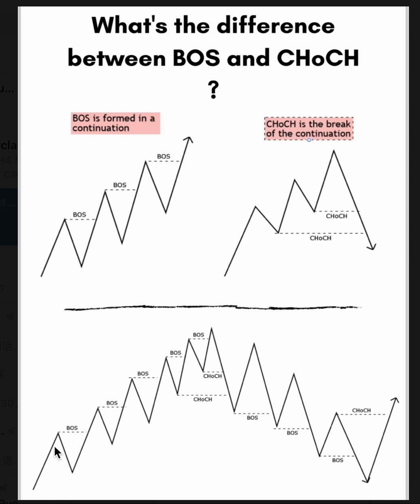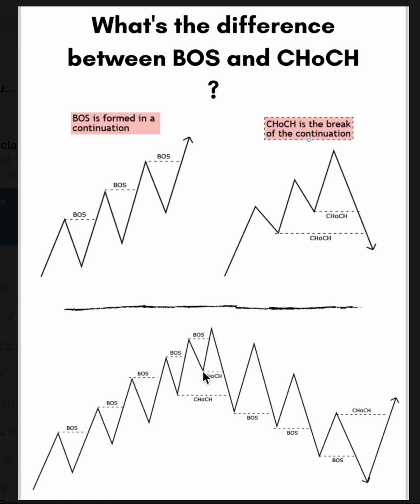And when we look at the line chart like this, here is a bullish scenario, an uptrend. When the price keeps moving upward, creating a higher high, this is where the break of structure happens for the uptrend.